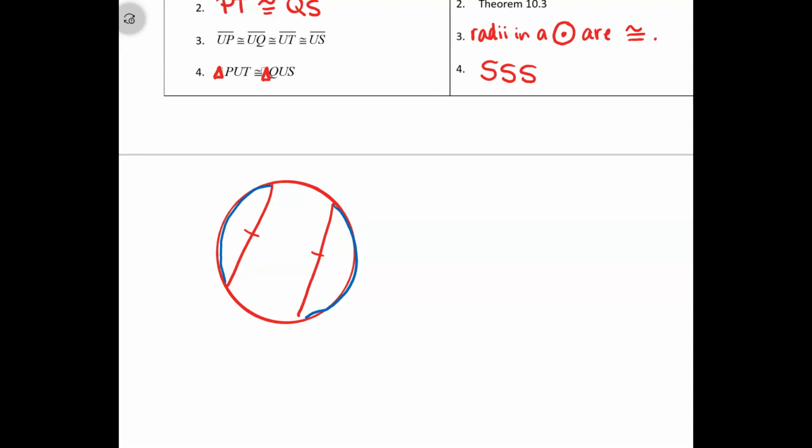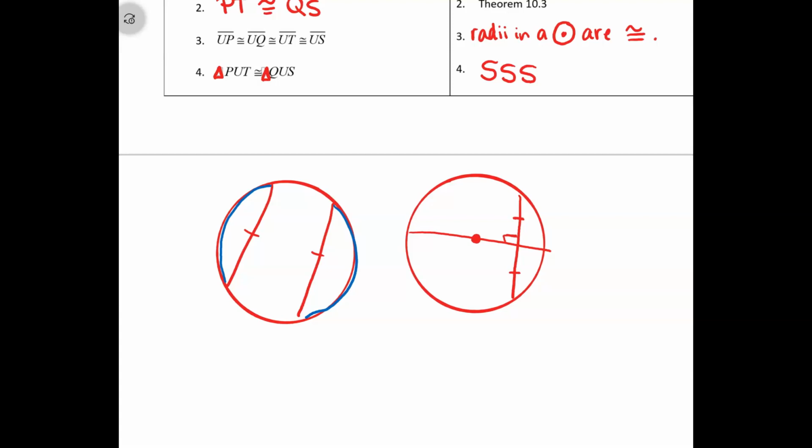Now, we also have some with the diameters. If you have a chord here and a chord comes through and is perpendicular right there and bisects it, then we know that this chord here is a diameter.